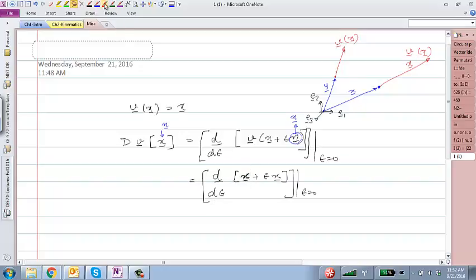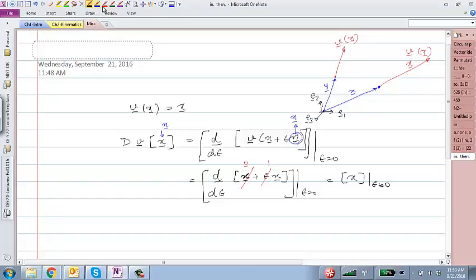X does not depend upon epsilon, and the zero vector, I'll call it to be consistent. X does not depend upon epsilon, but we do have an epsilon here. The derivative of epsilon with itself, d epsilon, is 1 indeed. And what we get as a result is x in the limit epsilon tending to 0.